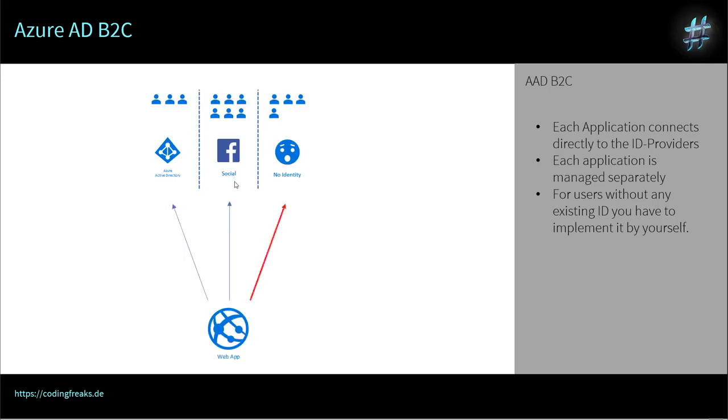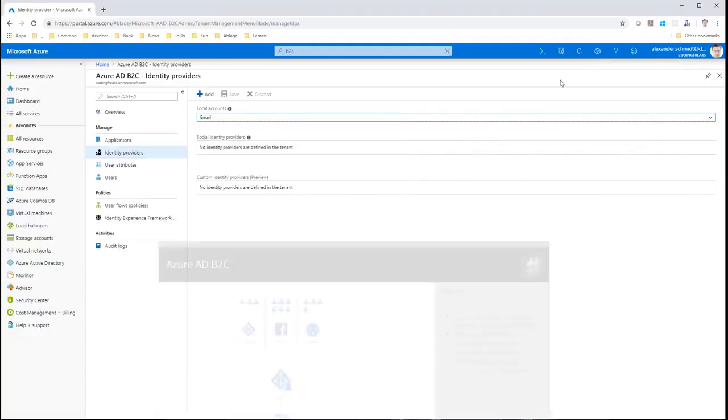Let's take a look at this guy and let me go there. So in my chart, I said we have this guy now, and I said, well, this guy connects to all of those different types or defines them. So what we're seeing now in the first step when we just created one is this area, the no identity area. So this is what he calls email as the identity provider.